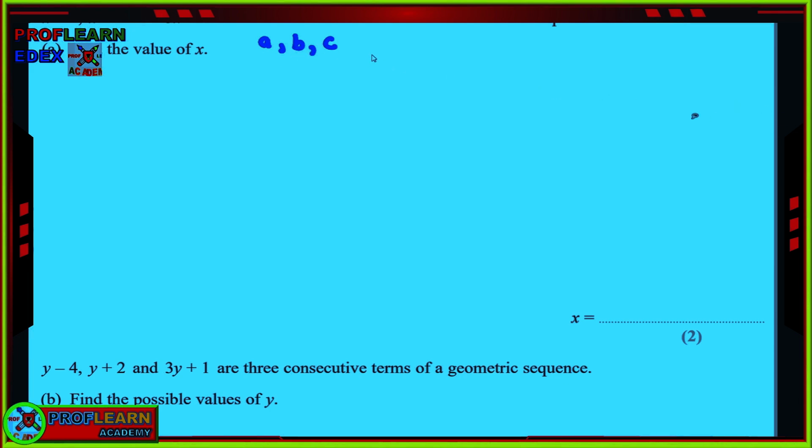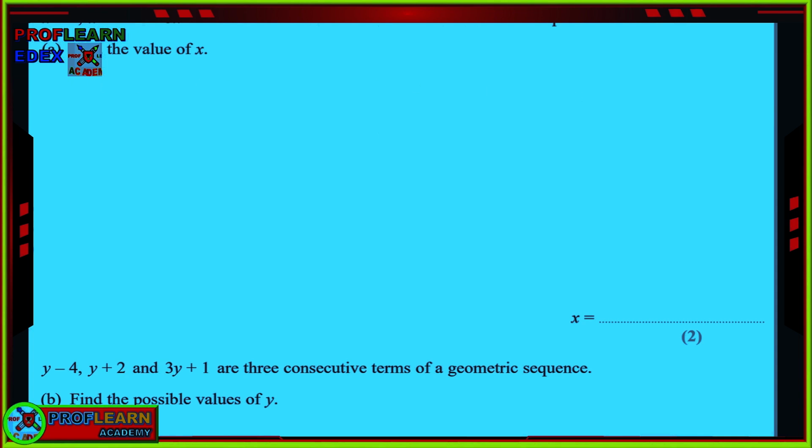So which means that if we have a sequence like 2, 6, 10, and we want to work out the common difference, it will be 6 minus 2, which is 4, or 10 minus 6, which is 4. So it is the number in front minus the number behind.